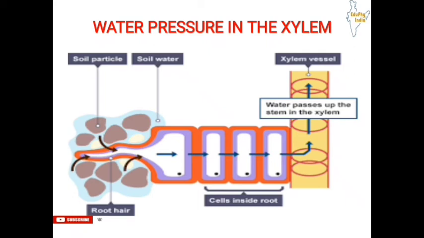This pressure by itself is unlikely to be enough to move water over the heights that we commonly see in plants. Plants use another strategy to move water in the xylem upwards to the highest points of the plant body, which is transpiration, and which we are going to see.